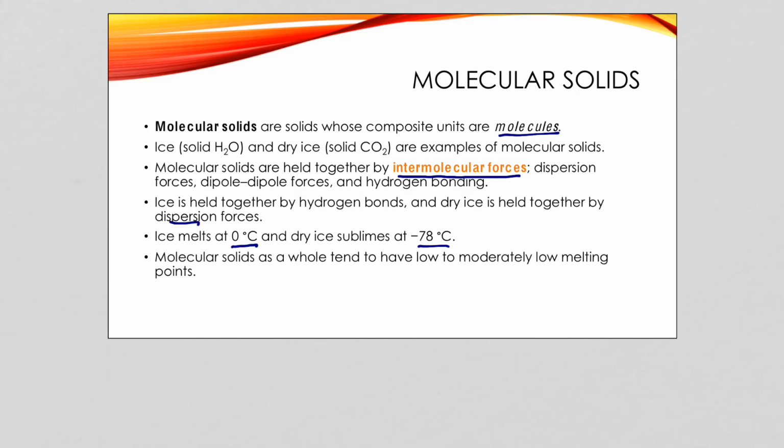But even these, with really strong hydrogen bonding, still have relatively low melting points, 0 degrees. So molecular solids as a whole have low to moderate melting points, and it goes back to the fact that they're held together by intermolecular forces.